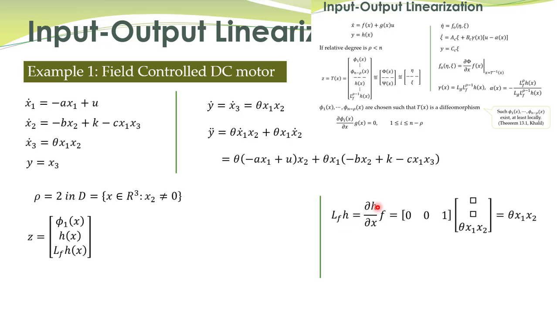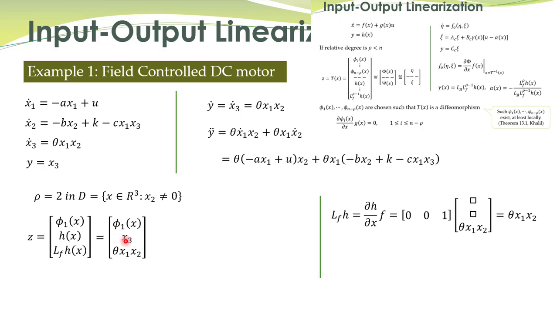It's the partial derivative of h with respect to x. Only x3 is here, so its partial derivative with respect to x1 and with respect to x2 is 0, and with respect to x3 it is 1. And here is f of x, so this Lie derivative comes out to be equal to theta x1 x2.